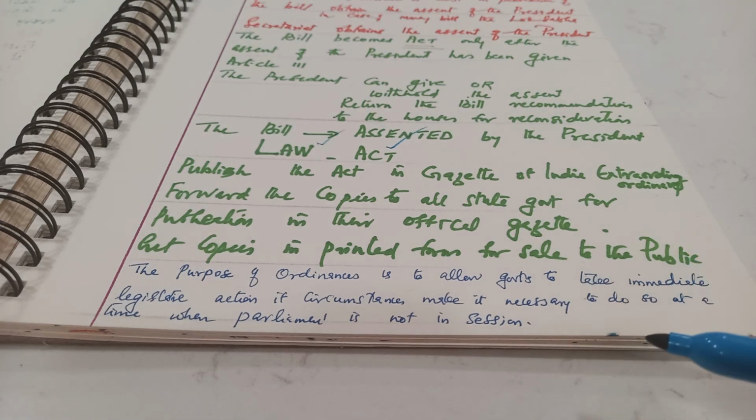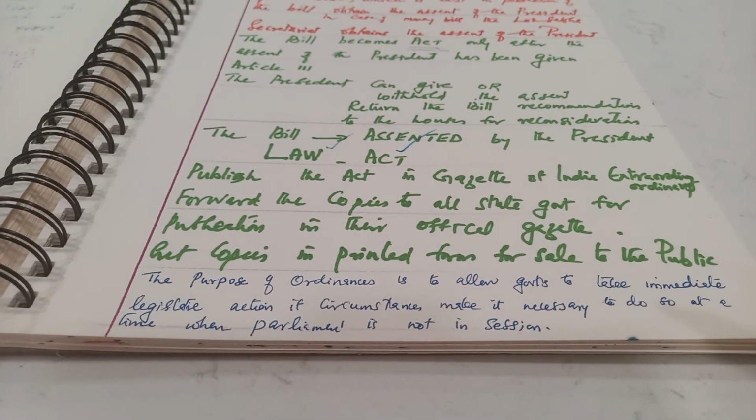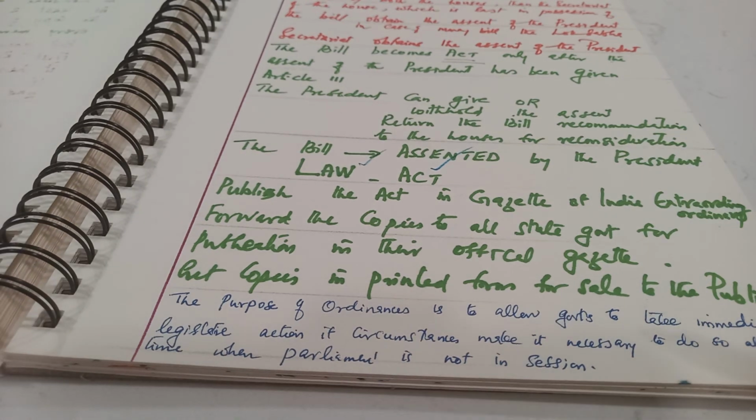That is how a law is made, amended or drafted in our parliament, which is the legislature of the country, the lawmaking body of the country, one of the organs of the government.